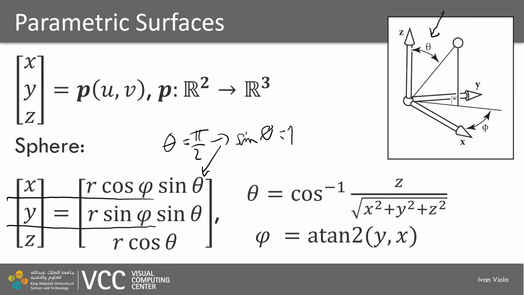This means that we will just draw in the xy plane a regular circle, as we did before. And what happens if we have, let's say, theta equals 0? In such a case, we will have a scaling with 0. So this whole term will be 0.